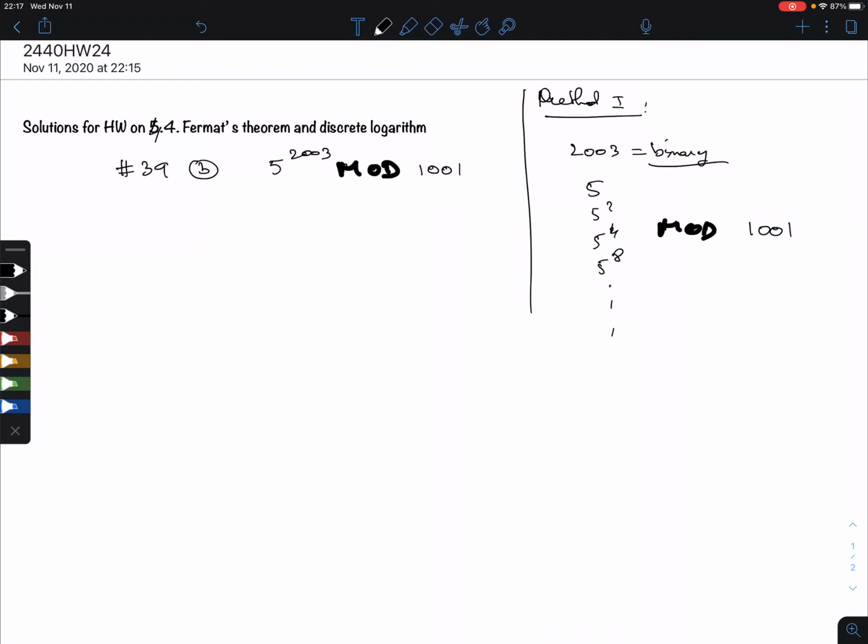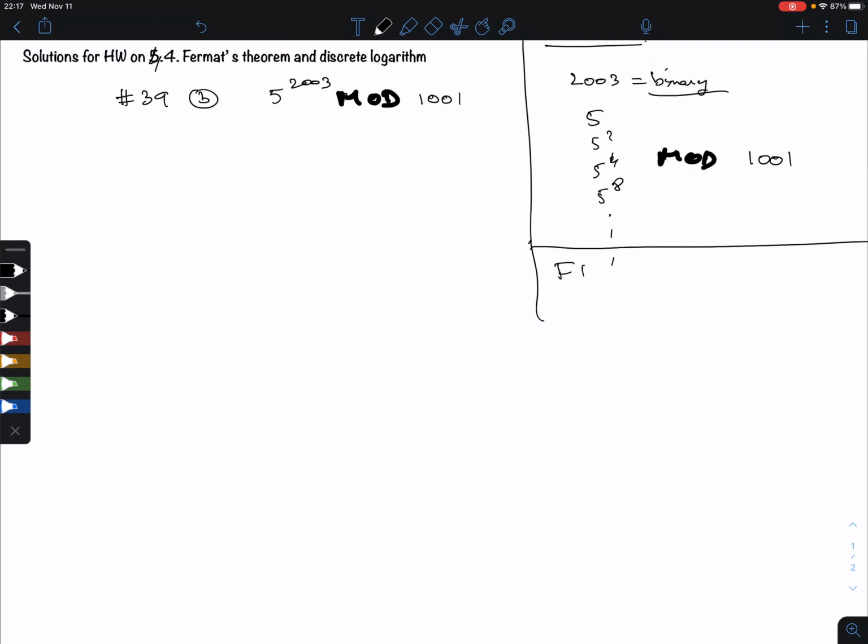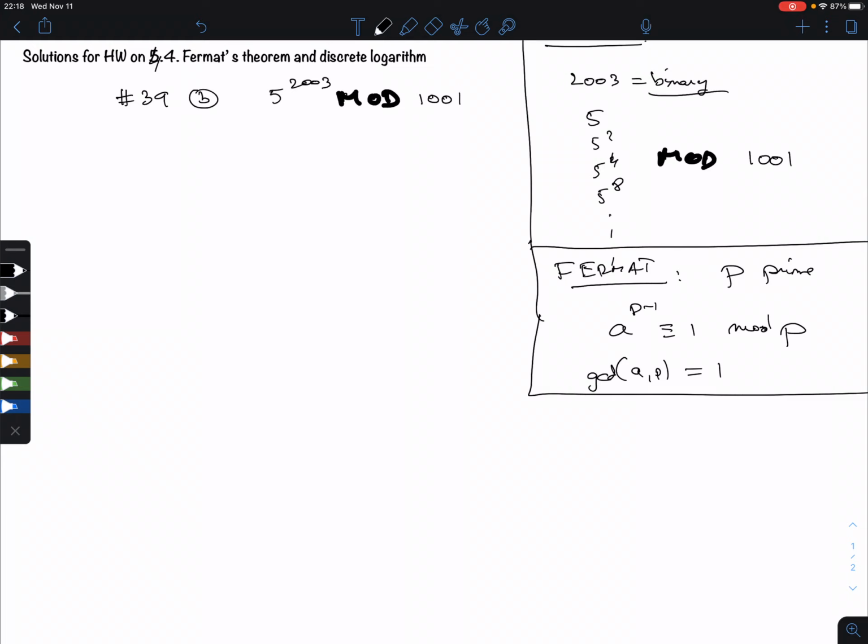If P is a prime, I remind you what Fermat's little theorem says: a to the P minus 1 is equivalent to 1 mod P. A can be any number other than 0, so the GCD of A and P is 1, which makes it non-zero mod P. This allows you to reduce the power modulo P minus 1.